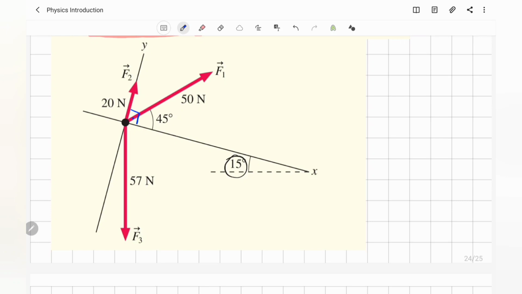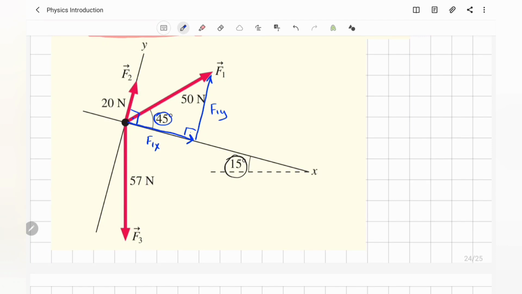Now let's start from the first force. What are the components? Two perpendicular vectors whose summation should give us F1. This will be my x component for F1, and this will be the y component for F1. Let me write F1y, F1x, and this angle, of course, is 90 degrees. Very simple.